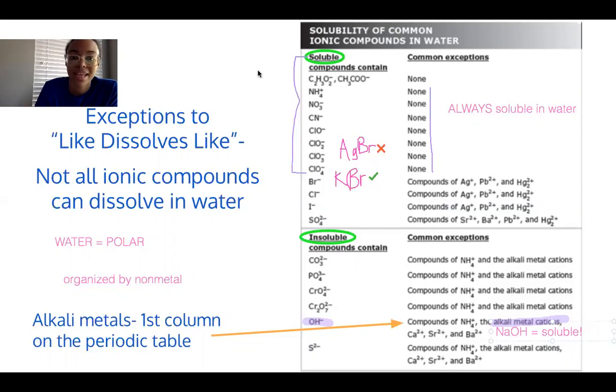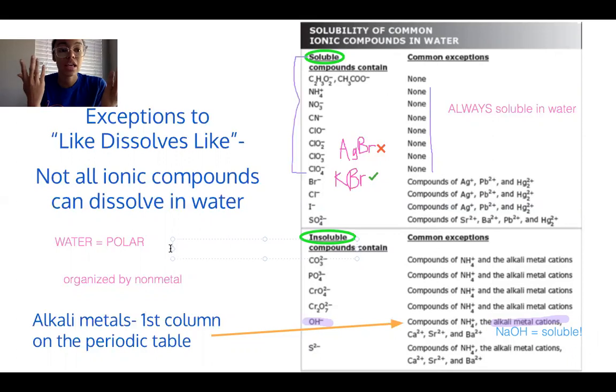One important thing that you absolutely need to know, let me change colors so we can get it in a need-to-know color, is this chart is about ionic compounds and exceptions to them being soluble in water. We know ionic compounds are made of ions. Ions are charged atoms.